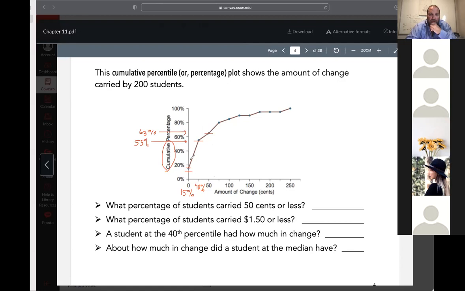How are you getting these numbers? I'm reading them off the graph. This is about 63%, because here's 60, here's 80, so I'm guessing around 63. You would just subtract the 55. So what do you get? 8%.